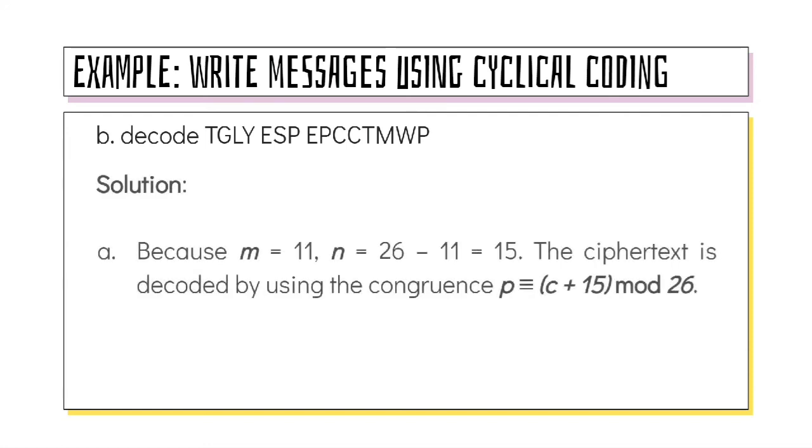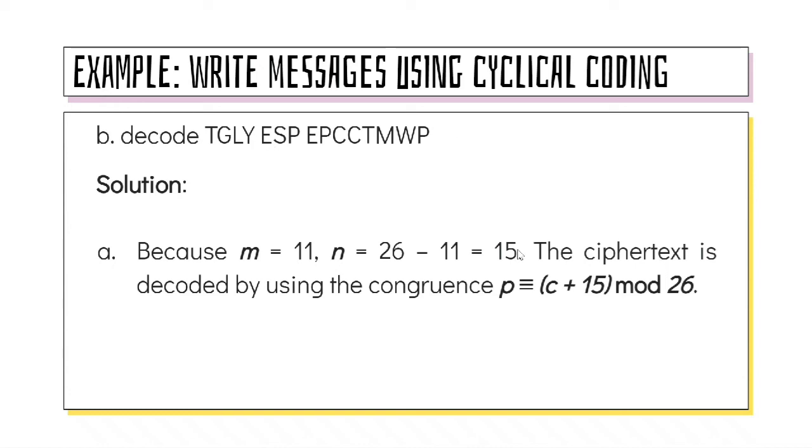Now letter B. If we were to decode this ciphertext message, we will decode it to become a plain text message. Okay? So the solution: M is 11, the position presented earlier. So N is 26 minus M. 26 minus 11, so we have 15.